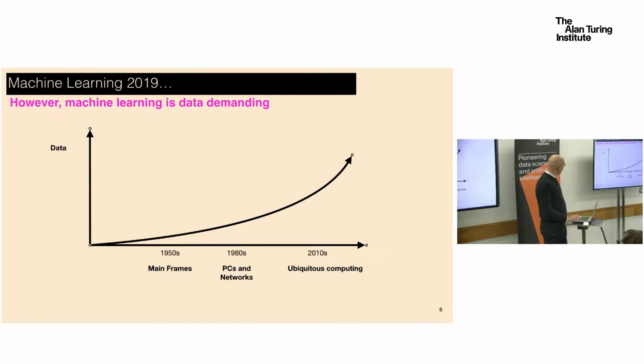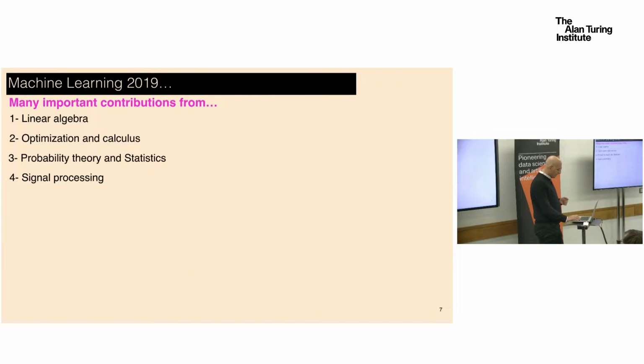And then we know that machine learning is data demanding, also computing demanding, and it took us until today, when now everybody is talking about data, that it worked in a way. So it's not just this basic idea. Of course, there are lots of contributions, and there are also lots of debates whether machine learning is just statistics or just optimization.